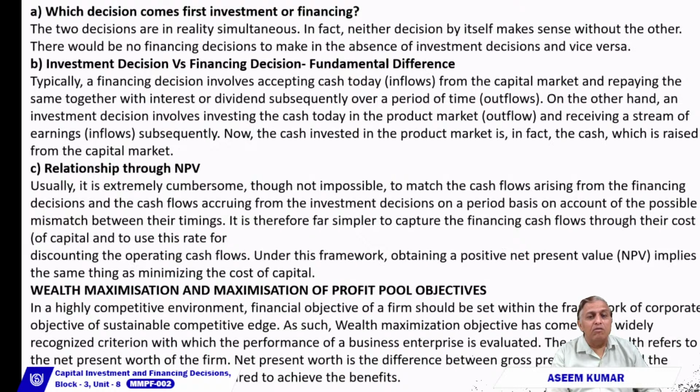It is therefore far simpler to capture the financing cash flows through their cost of capital and to use this rate for discounting the operating cash flows. Under this framework, obtaining a positive net present value implies the same thing as minimizing the cost of capital.